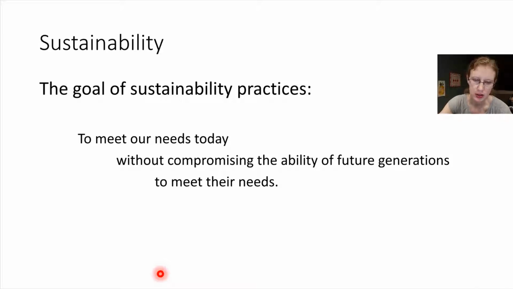So this takes some thought, this takes some planning. One of the things that we are going to particularly focus on in terms of sustainability is our atmosphere. Our atmosphere influences so many things about how we live, and so we're just going to look at that as an example of how to be sustainable.